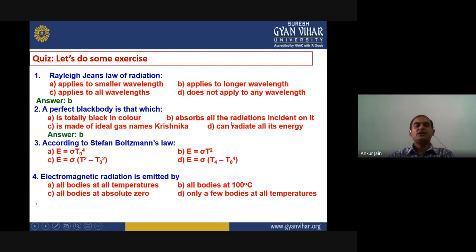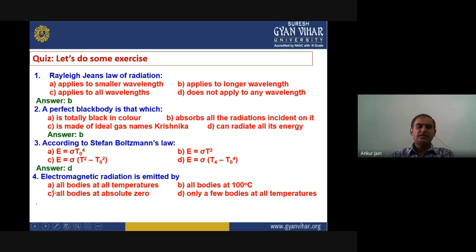So option B is the right answer. Third question is related to Stefan-Boltzmann's law. What this law is saying: E equals sigma T_0 to the power 4, E equals sigma T square, or E equals sigma T square minus T_0 square, or E equals sigma into T to the power 4 minus T_0 to the power 4. So the right answer is option D.